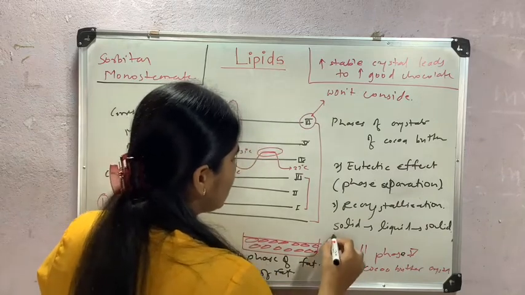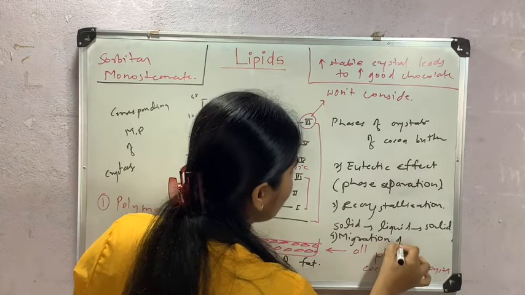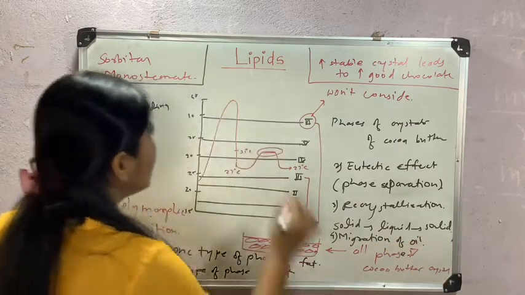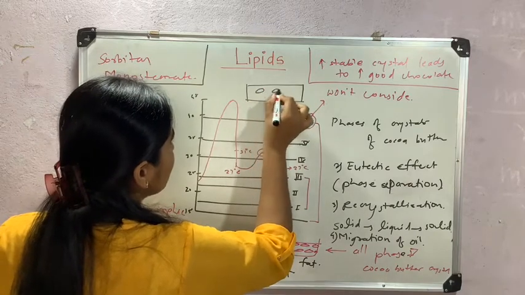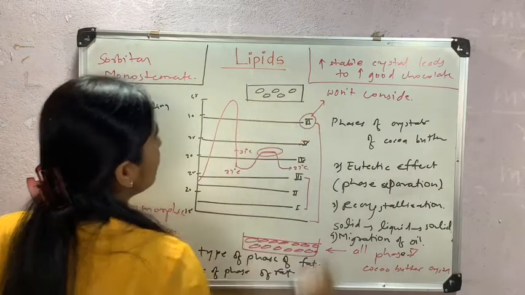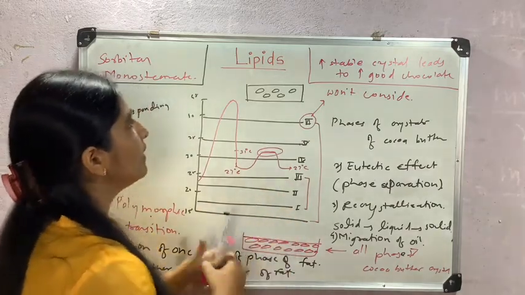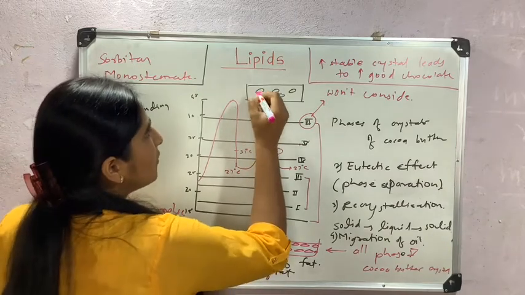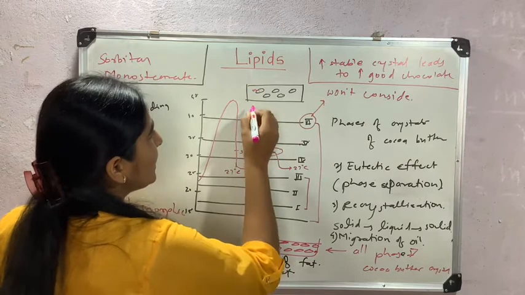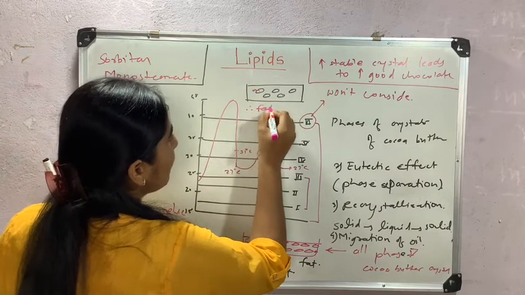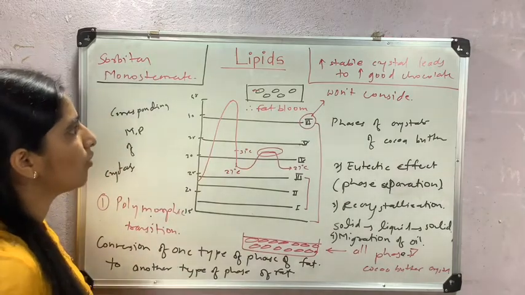And the fourth one is migration of oil. If you consider a Cadbury or chocolate with stuffing or nuts, foreign material, then there may be migration of oil from these foreign materials to the cocoa butter, and there may be fat bloom. These are the four reasons for fat bloom.